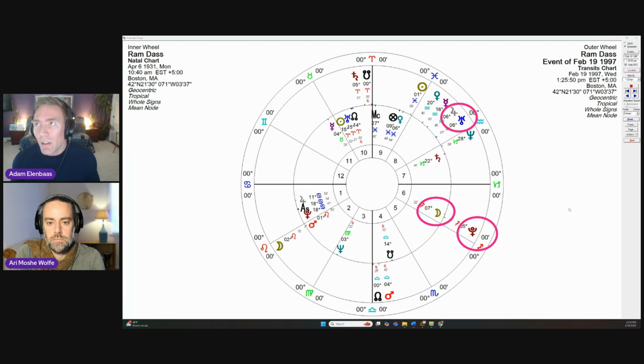which is why I actually think that sensitive, what I would consider really good Hellenistic astrologers or even Vedic astrologers, what they're doing is not dissimilar from what Ari's talking about when he says you have to have at least, I understood what you were saying, Ari, to be that you have to have a little bit of a felt sense for where a soul is at in its evolutionary journey.